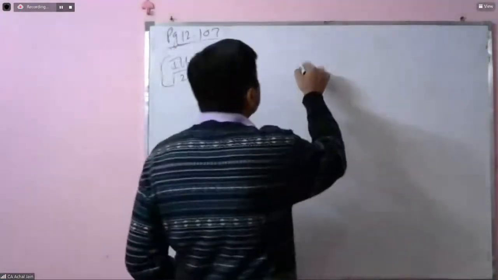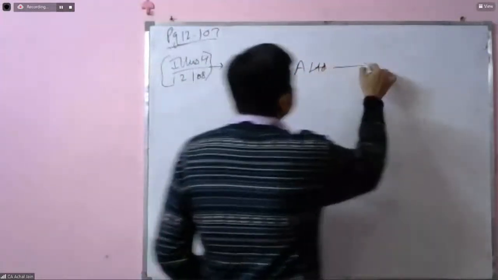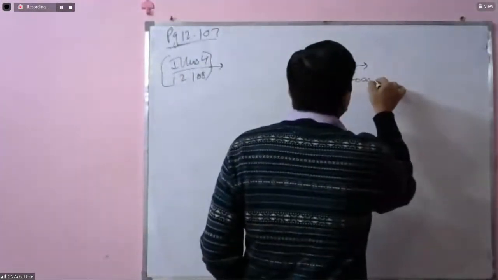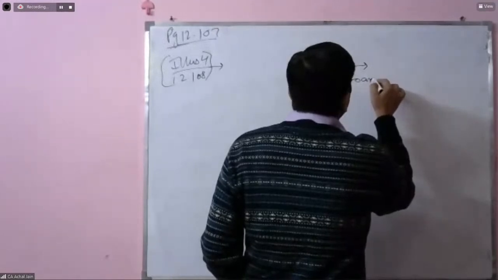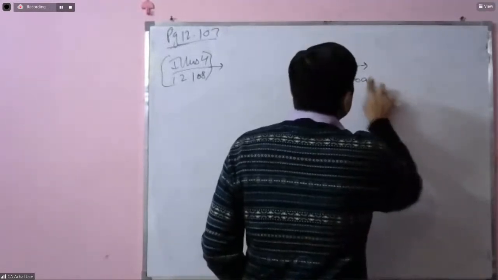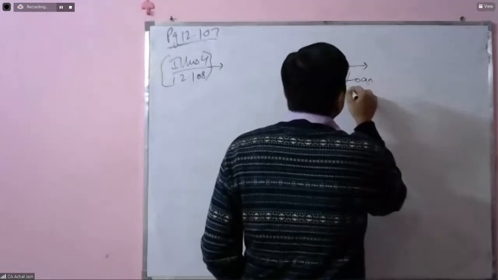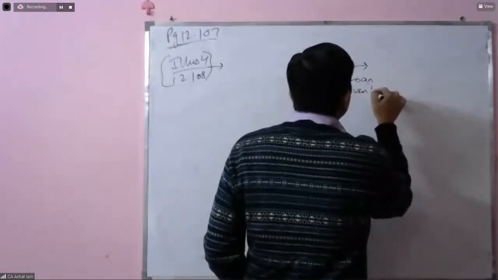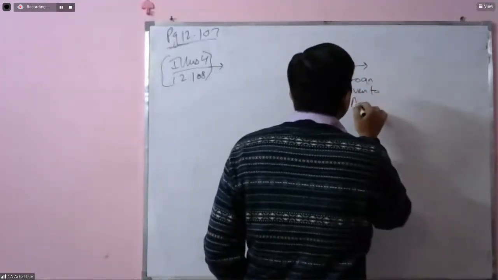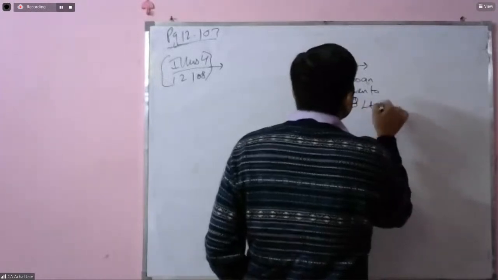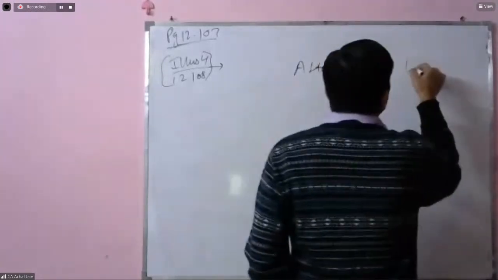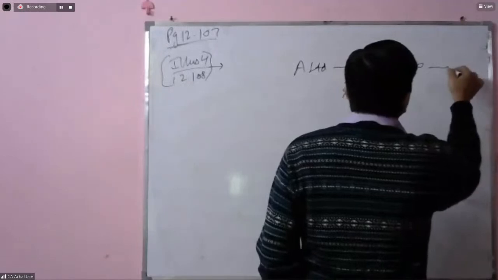Say A Limited has given a loan to B Limited, say 100 crores.